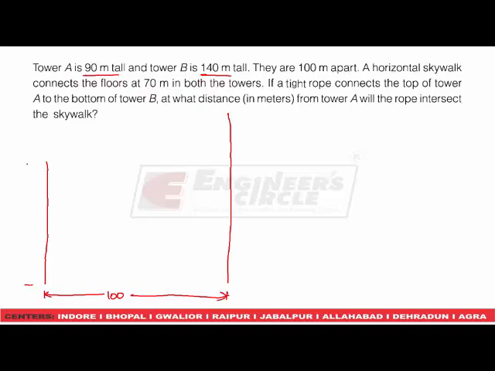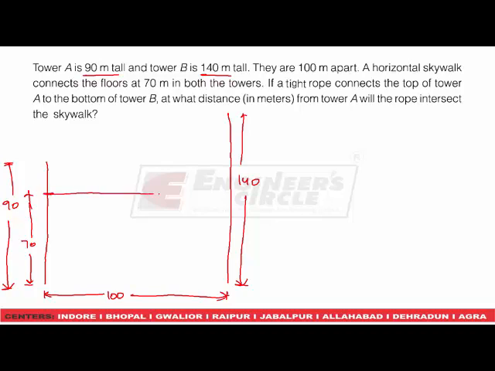A horizontal skywalk connects the floors at 70 meter in both the towers. So this is total 90 meter, this is 140 meter, and from the ground at 70 meter there is a skywalk connecting both of them. So this is 70 meter and this is also 70 meter.